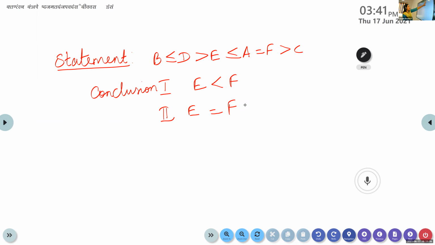This is the statement: B is less than or equal to D, greater than E, E is less than or equal to A, equal to F, greater than C. What is the relation you will get?